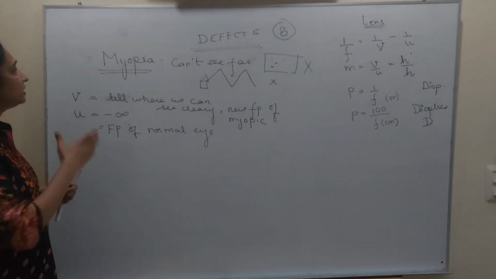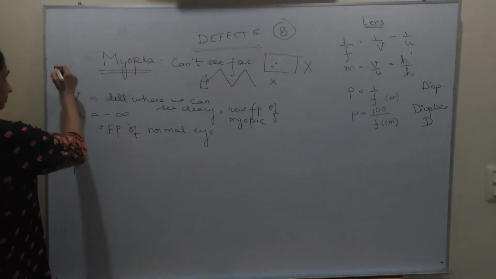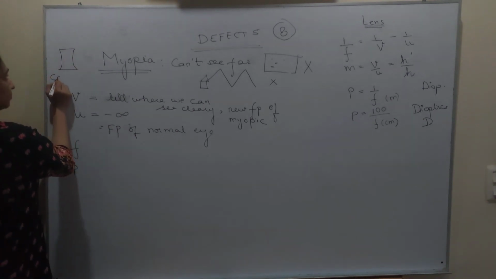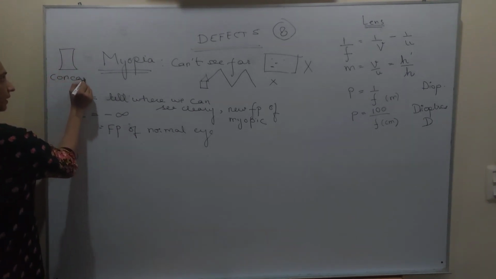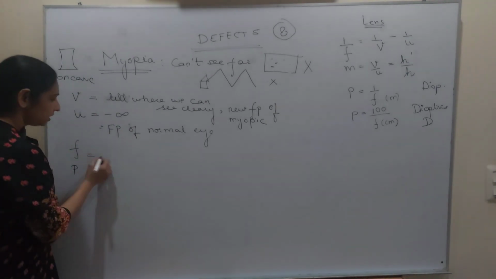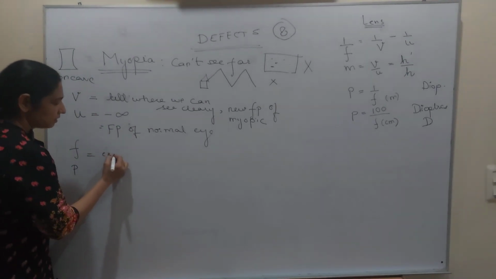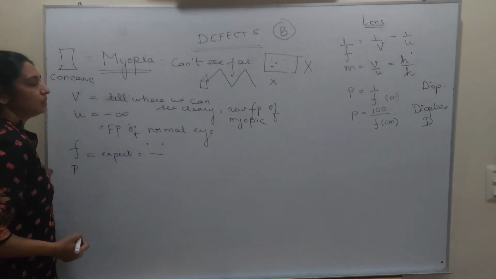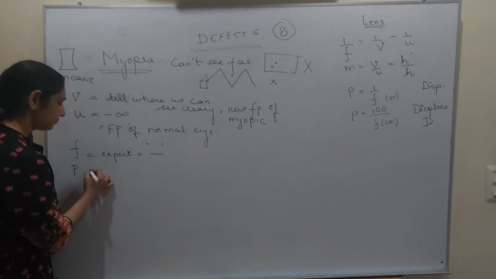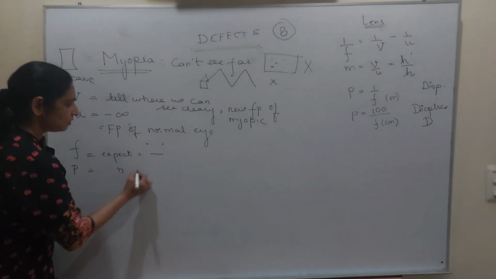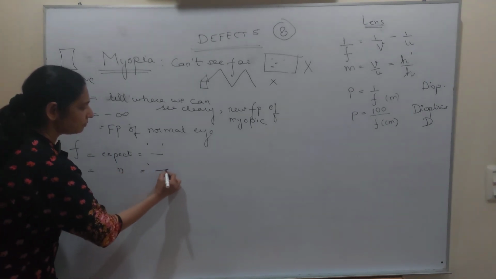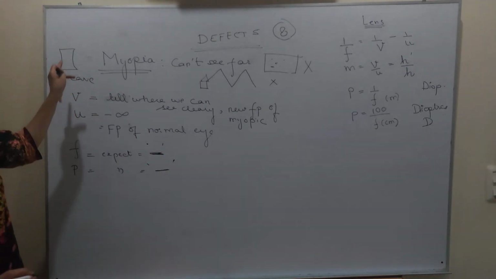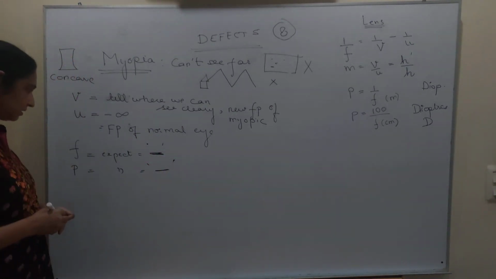But one thing to understand: which lens are we using here? We are using a concave lens for the correction of myopia. So the answers that we expect, both for the focal length and for power, will be negative. Remember this.